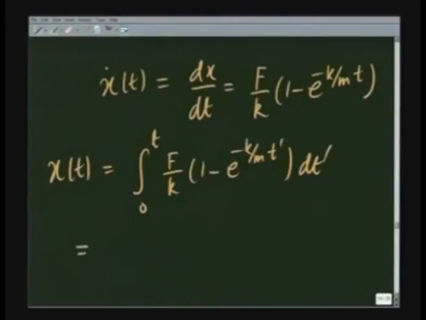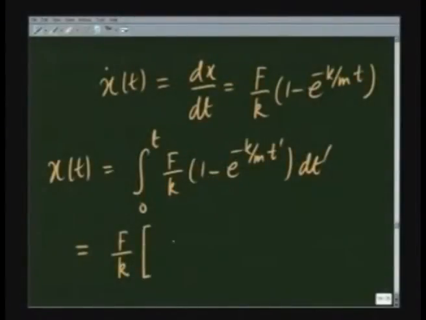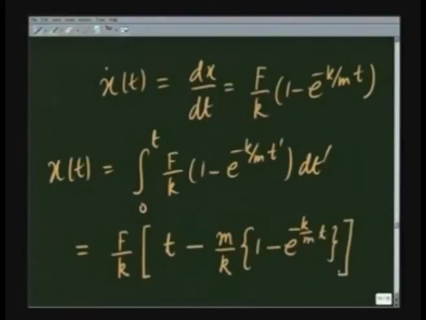Integrating, I get F over K t minus m over K, 1 minus e raised to minus K over m t.